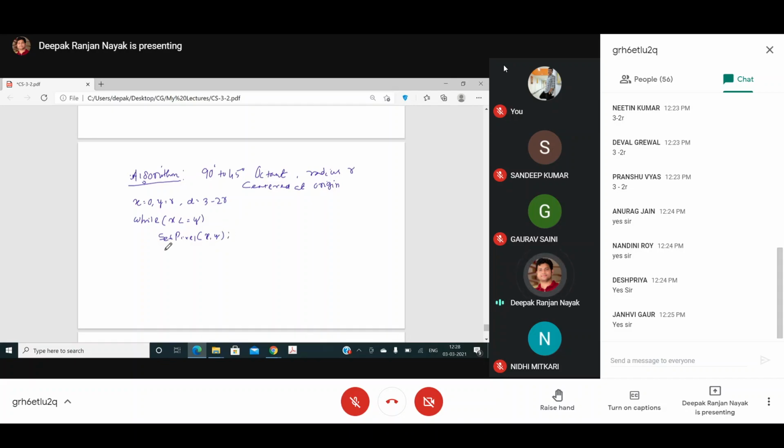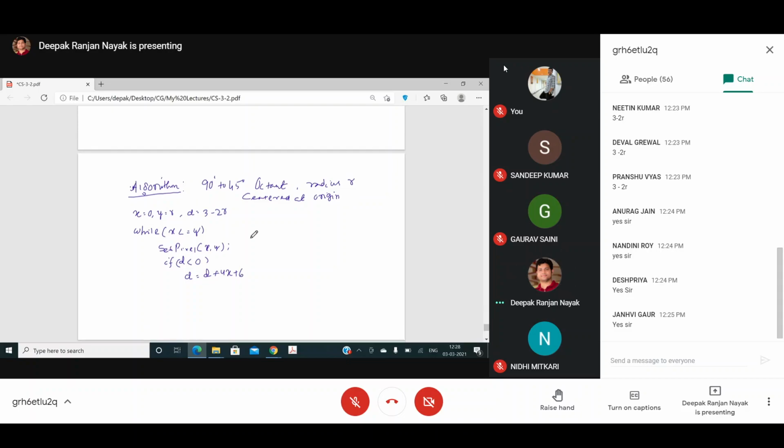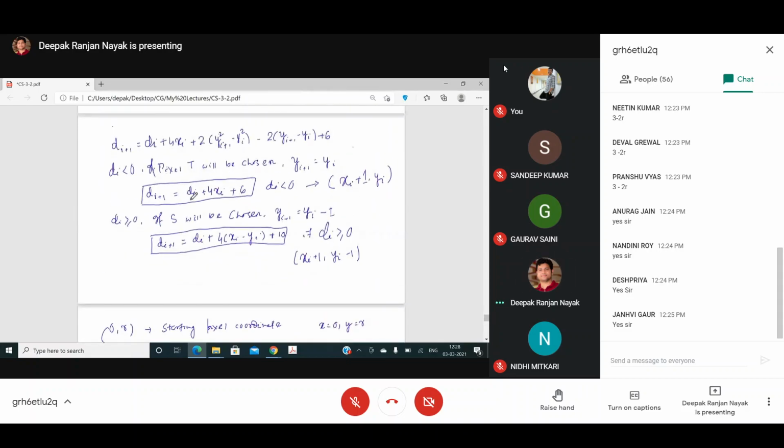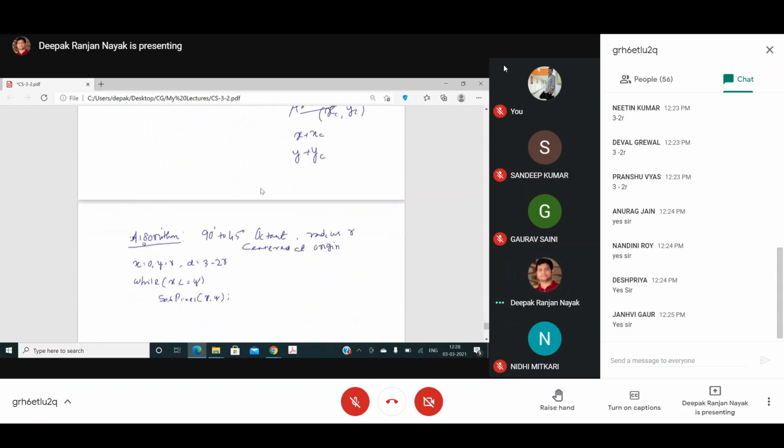Then you have to check the d value. If the d value is less than 0, then d is equal to d plus 4x plus 6.